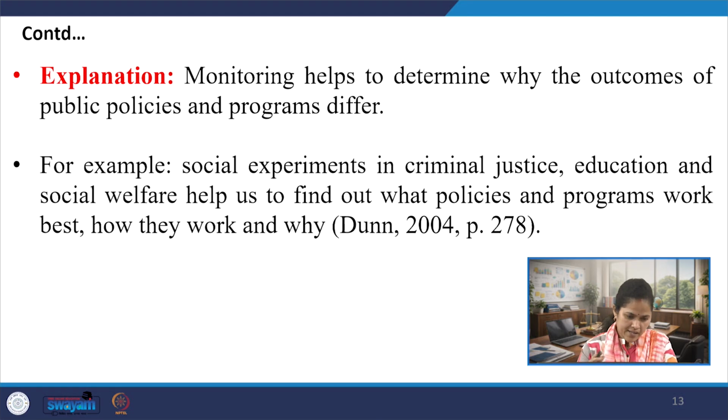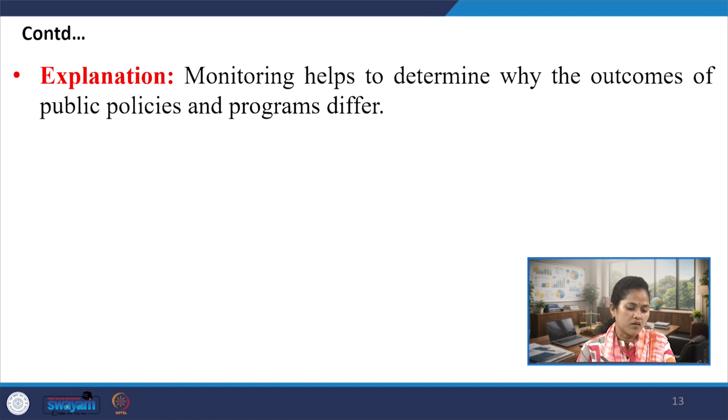And the last function of monitoring is explanation. As I told you, during the process of accounting we can find out what the gap is, and if we find the gap, then we should be able to analyze why there is a gap, what the causes of this gap are, or what factors influence it, so that through feedback the policy makers or decision makers can squeeze this gap.